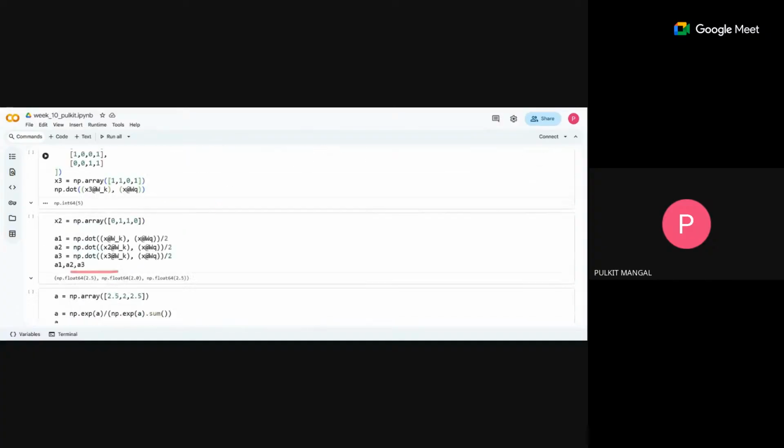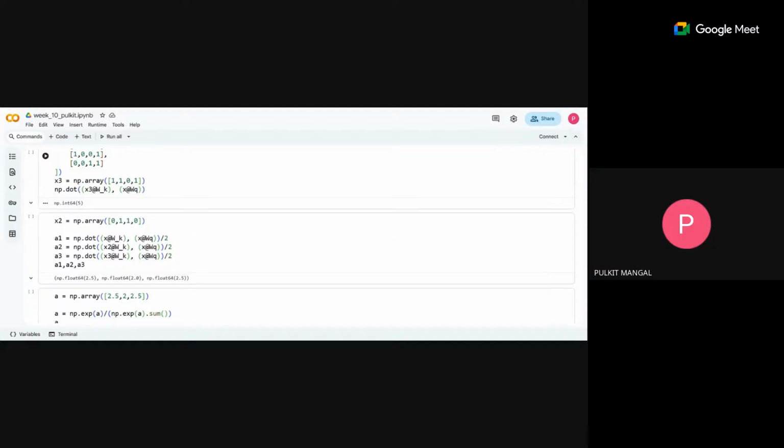So x times WQ gives me query vector 1, and x times WK gives me key vector 1. Dividing by the scaling factor, I get raw attention score 1. Similarly, x2 times WK, and as you can see the query remains the same, only the key varies. So x2 and x3 vary over the key part, and that's how you get attention score 2 and attention score 3.